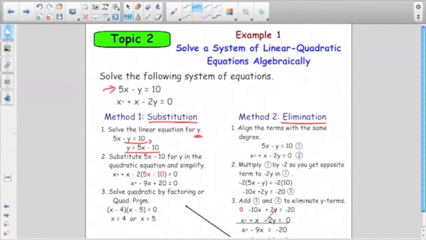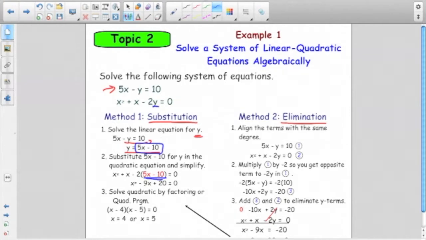I isolated the y. Now all I need to do is substitute this 5x minus 10 into the y of this other system. So that y right there now becomes that.